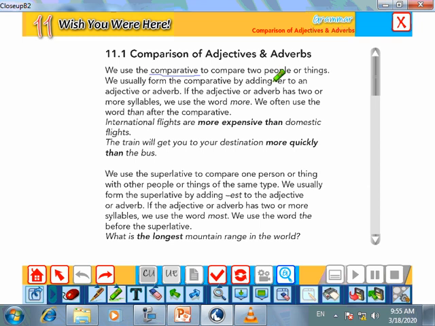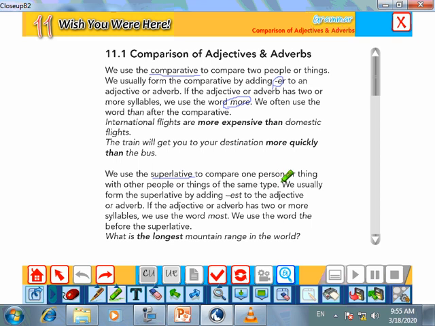We add er to the adjective or the adverb. If the adjective or adverb has two or more syllables, we add more. So if it's a short adjective or adverb, we put er. If it's a long adjective or adverb, we put more. International flights are more expensive than domestic flights. More quickly than.